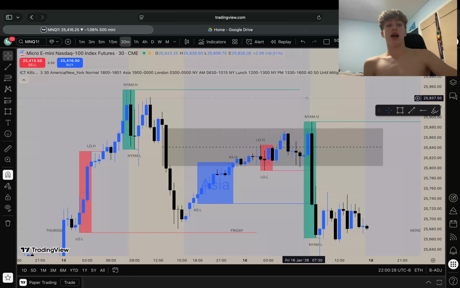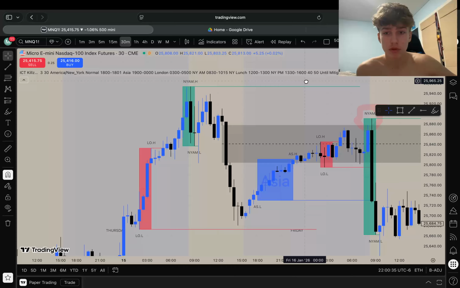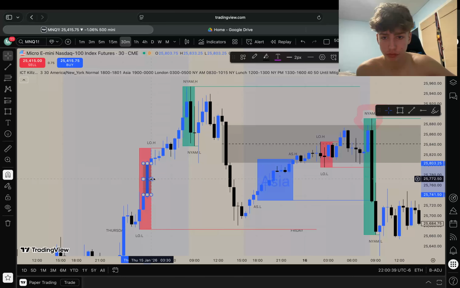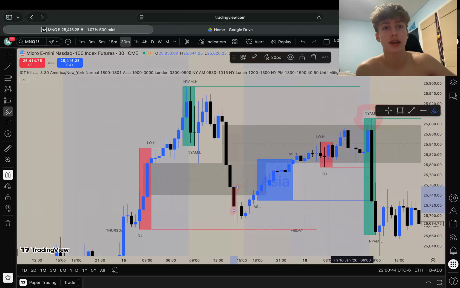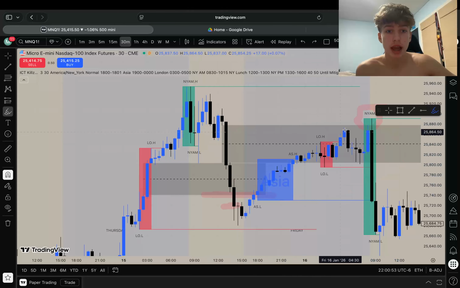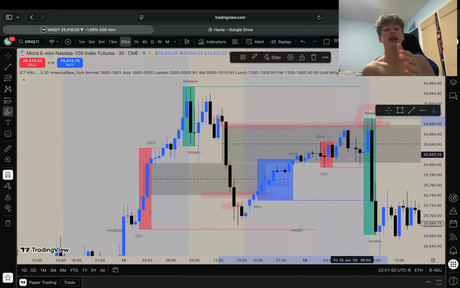No. The answer is no, because yes, we do go above this fair value gap, but we don't get a close. The difference between this one and this one is that in this one, we see with this candle how the bottom closes beneath this bullish fair value gap. And in this bearish fair value gap here, the top needs to get closed above to inverse it, to prove that there are more buyers than sellers in this area.